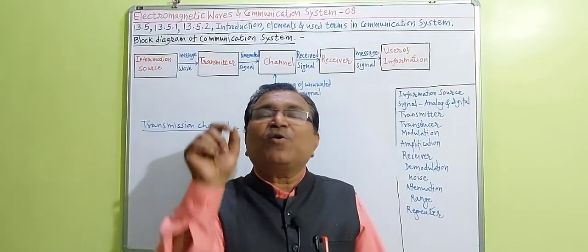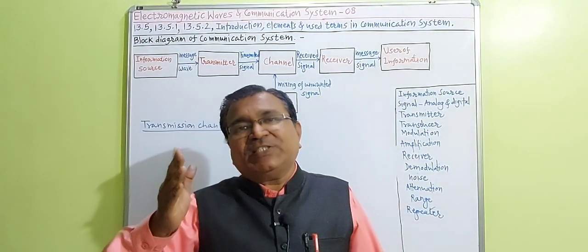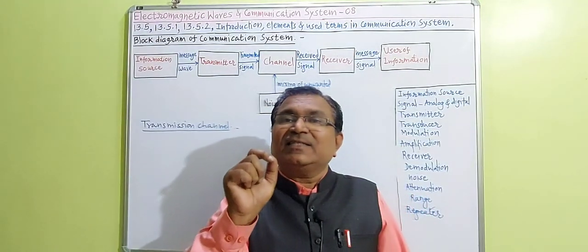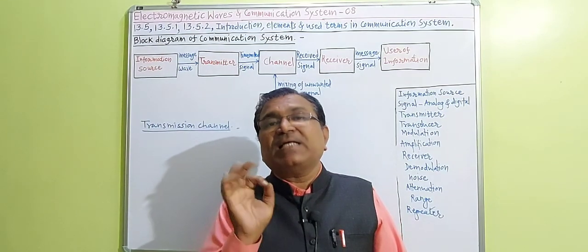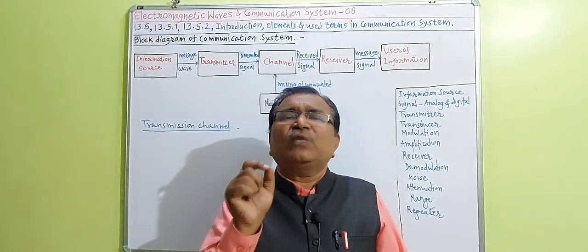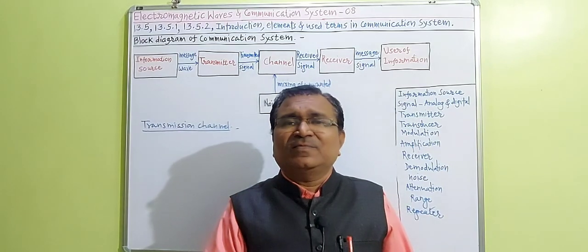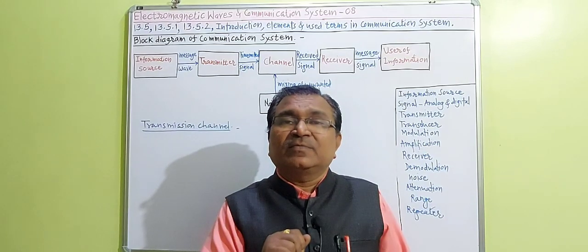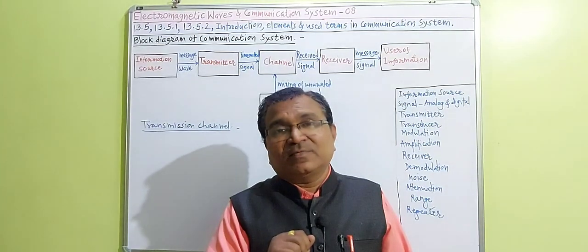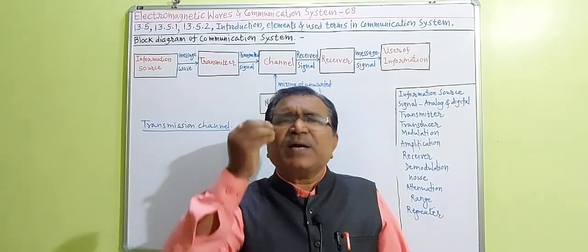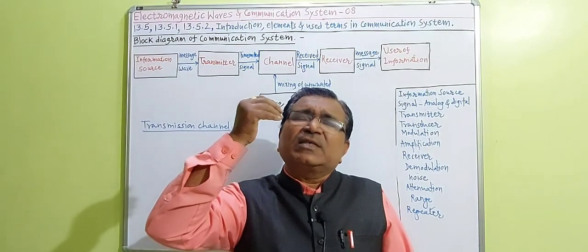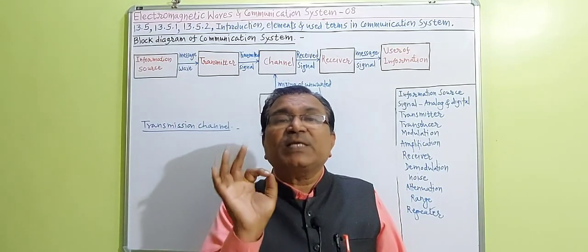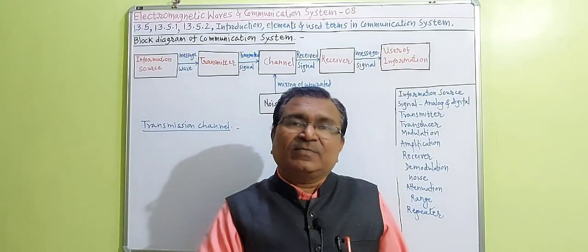A channel is a type of media through which that electrical signal is transferring, propagating. Space is a very well-known example of a transmission channel. In mobile communication, in TV communication, electromagnetic waves are transferring, electrical signals are propagating through space. So, space is a transmission channel.